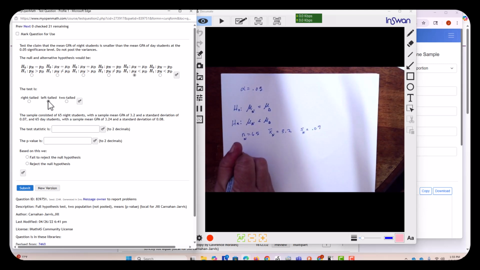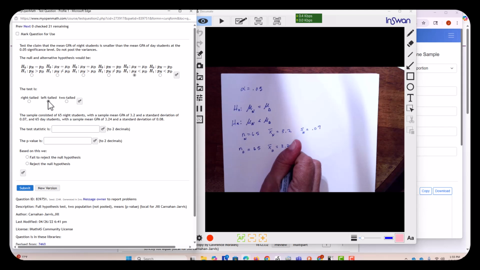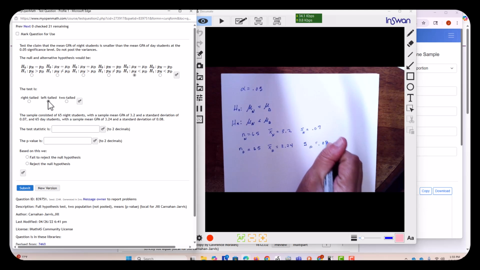Now we're given N of day students is equal to 65, the sample mean X bar of day is 3.24, and the standard deviation of day is equal to 0.08.